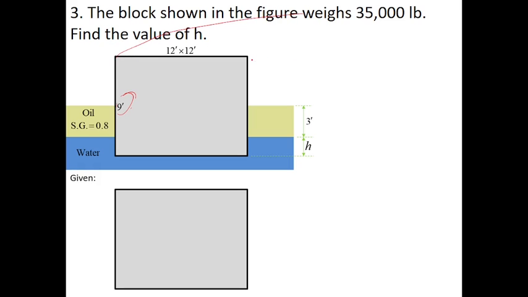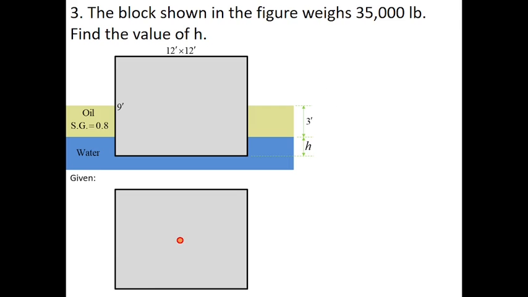Ibig sabihin, may third dimension yan, na 12 feet by 12 feet. No? May third dimension. Okay? So, ang hinahanap dito is, ano yung H na to? Okay? No, nagpa-float kasi, nagpa-float yung block. Ano yung height na to sa part ng water? Okay?